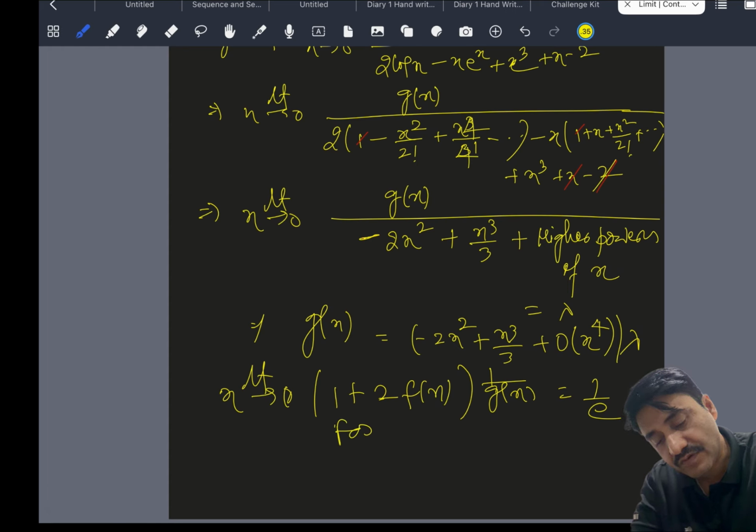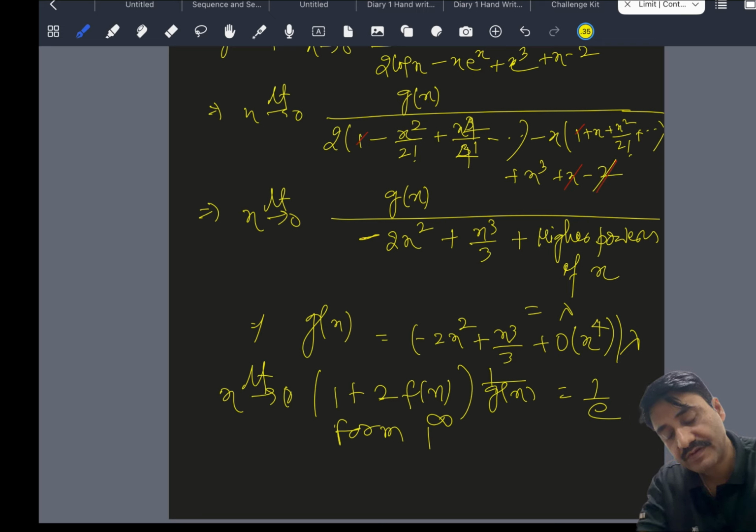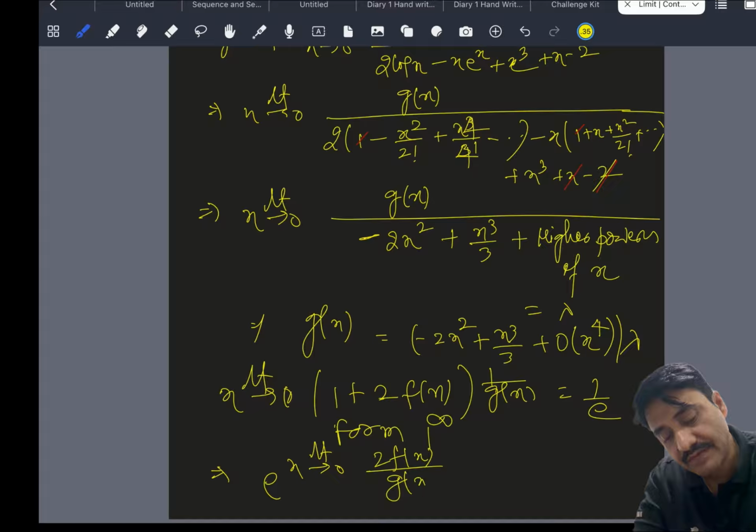It is in the form 1 raised to infinity. So this implies e raised to x tends to 0 limit 2f(x) by g(x). This is 1 by e.